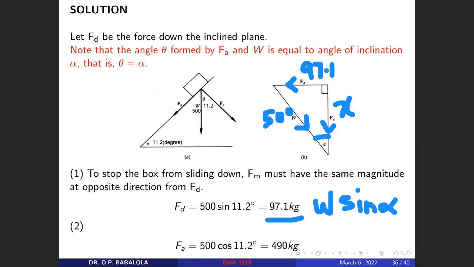Okay. Is it possible? This is another question. Is it possible that we use Pythagoras theorem to find FA in this case? Can everyone use Pythagoras theorem and tell me what your answer is?